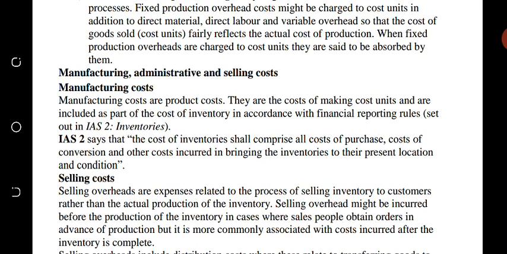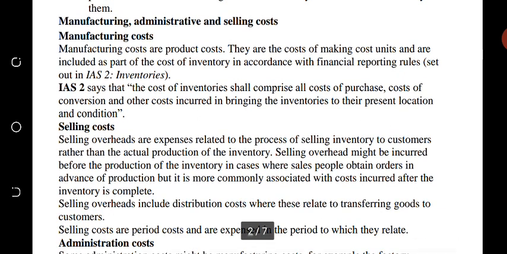Now, when we say IAS 2 Inventories, we are saying that when you charge fixed production overhead to our production cost to value our closing inventory, the absorption costing technique follows the IAS 2 requirement.